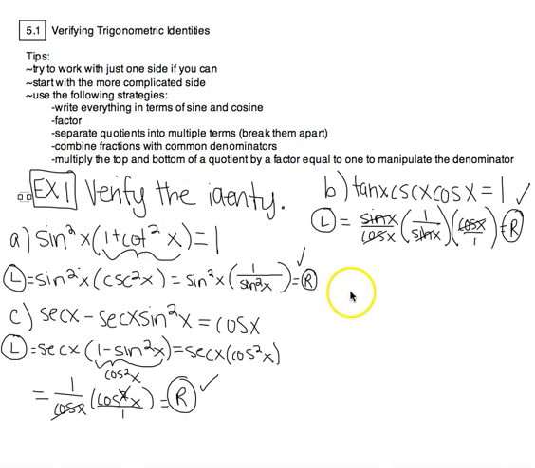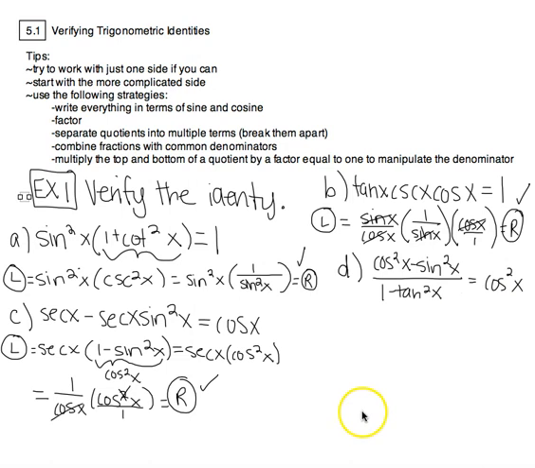Okay, next one, example D. We have cosine squared x minus sine squared x over 1 minus tangent squared x equals cosine squared x.